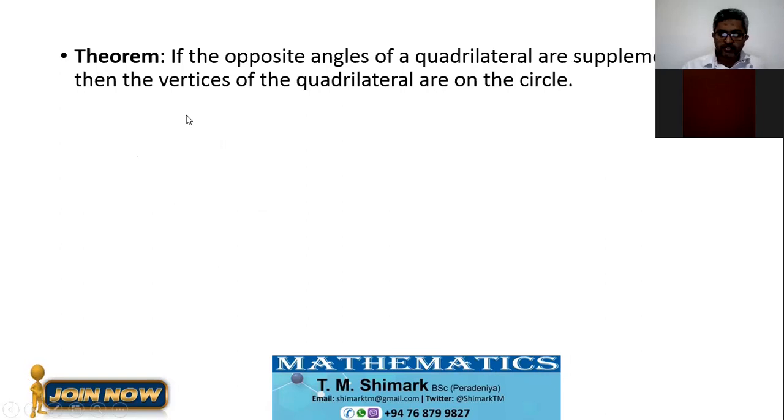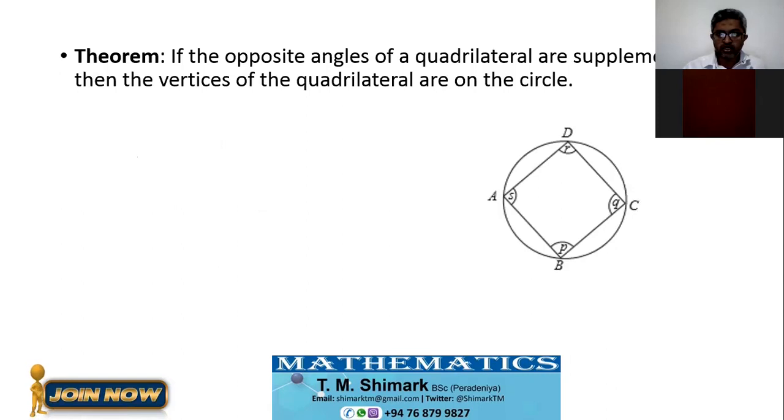It's a very handy topic to complete. There is another theorem that says if the opposite angles of a quadrilateral are supplementary, then the vertices of the quadrilateral are on the circle. We said if a cyclic quadrilateral exists, opposite angles are supplementary.